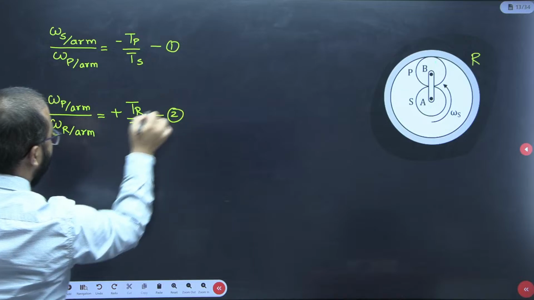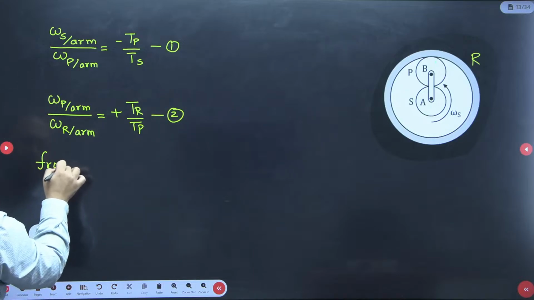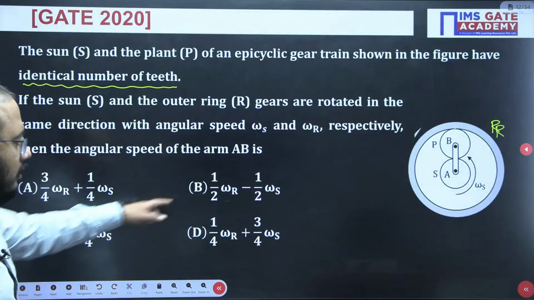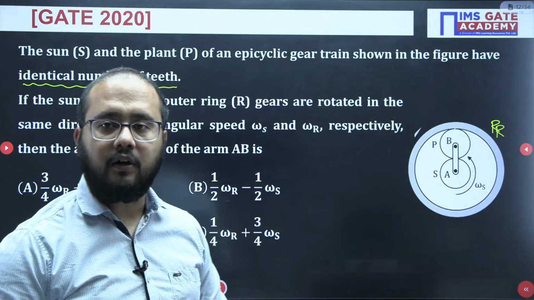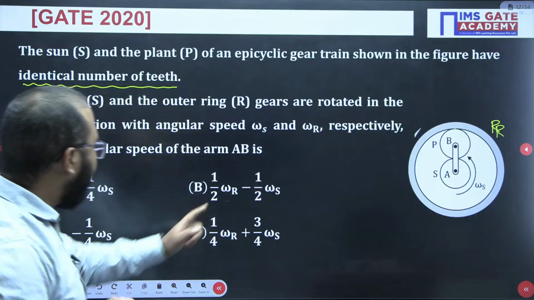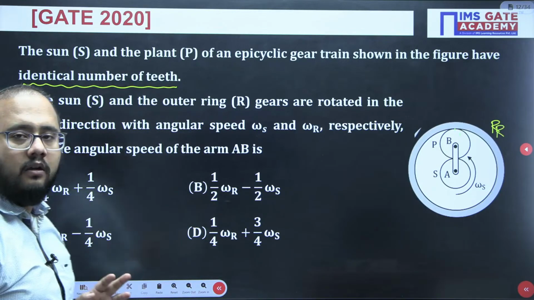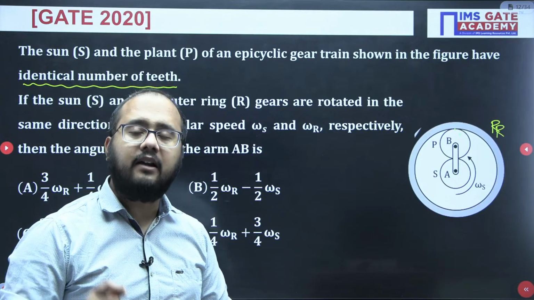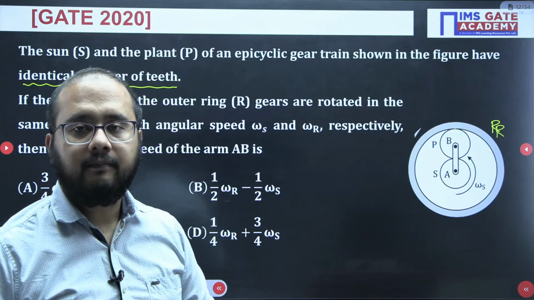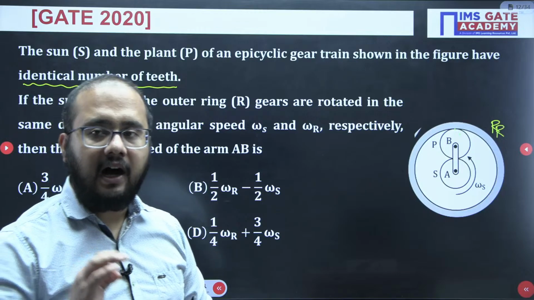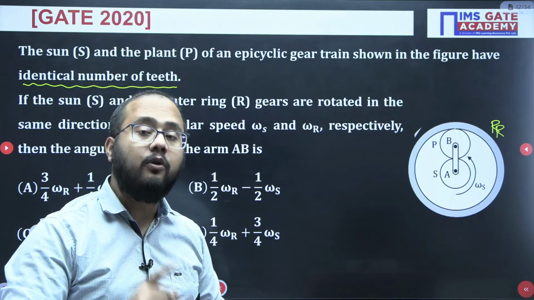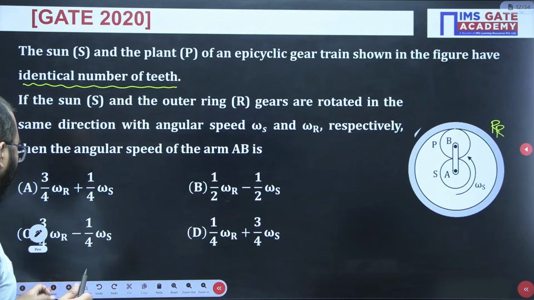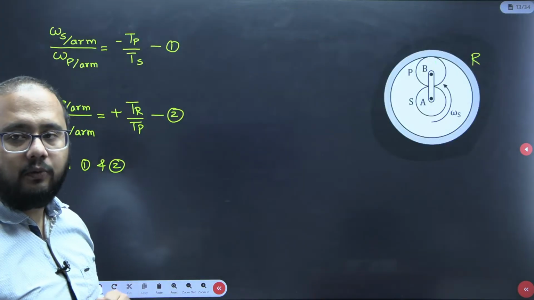Equation number 2. So from 1 and 2, if you observe the options, this is also very important. You will find only omega s and omega r. So at that point you should understand that we have to eliminate omega p. When we develop the omega arm relation, omega p should not come, because that is what the options show.